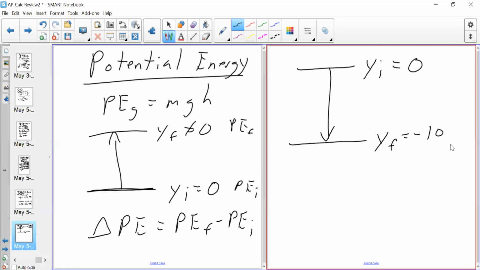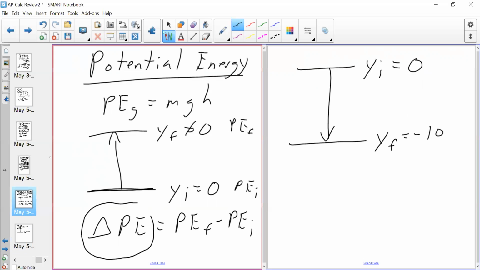So the change in potential energy will be the same because those positions are the same, but the weirdness, if you will, is here because now you're defining this height as 0. This is your reference. You can make anything to be 0, but the change will always be constant.